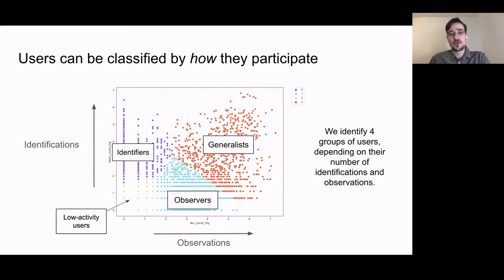Then there are groups of users that contribute either a lot of identifications or a lot of observations, and there are also users that contribute a lot of both. This is one possible avenue of how one can distinguish these users, and we're looking at whether their behavior on the platform is different.